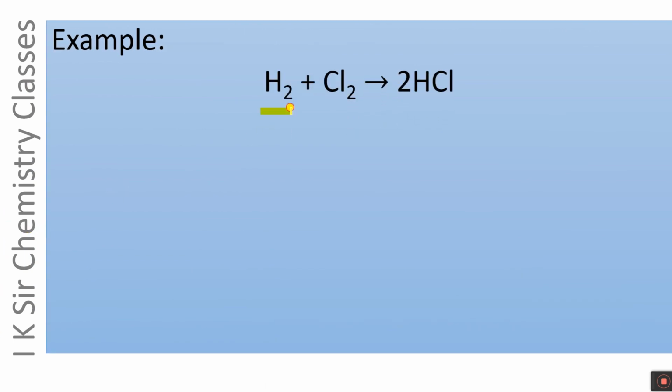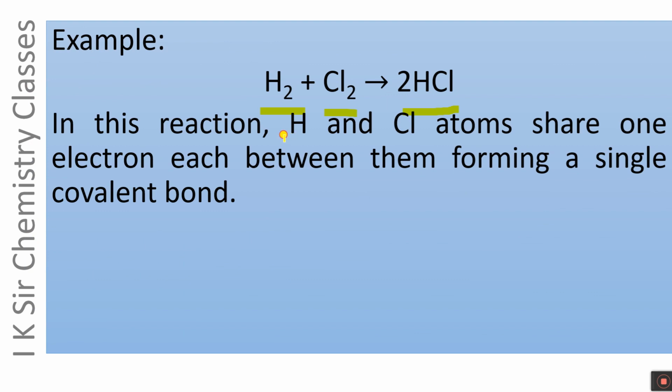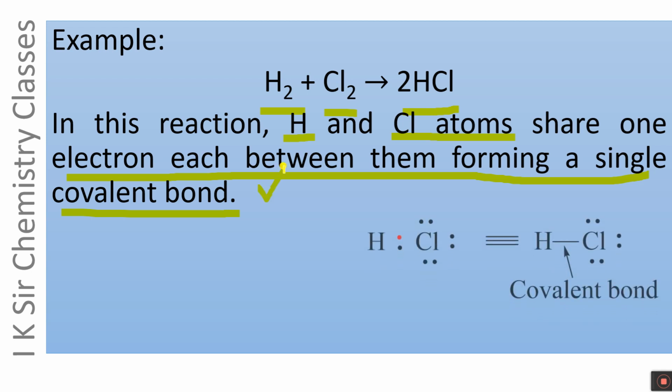H2 reacts with Cl2 forming 2HCl. In this reaction, hydrogen atom and chlorine atom share one electron each between them, forming a single covalent bond as follows.